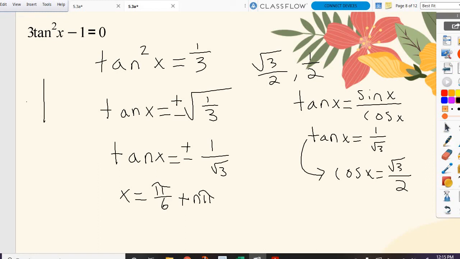Now, remember with our tangent, it's going to be positive in our first and in our third, but because I added in pi, that takes care of both of those. However, we also have a negative, so that means we also need to look at our second quadrant. So, if we want our second quadrant, but we still want a reference angle of pi over 6, what would the angle be?